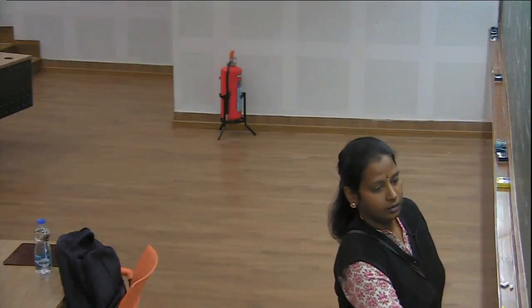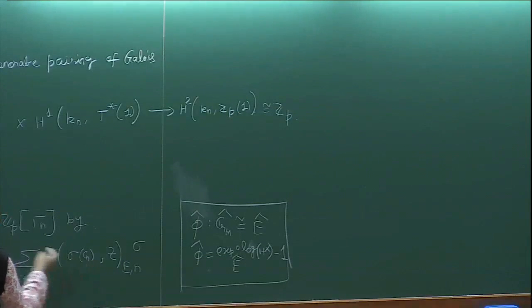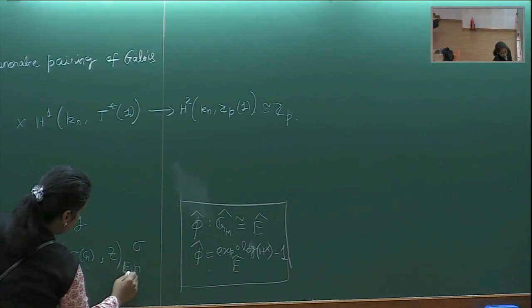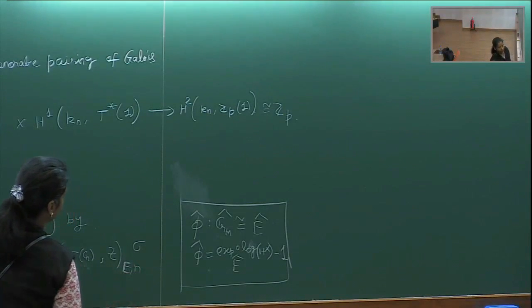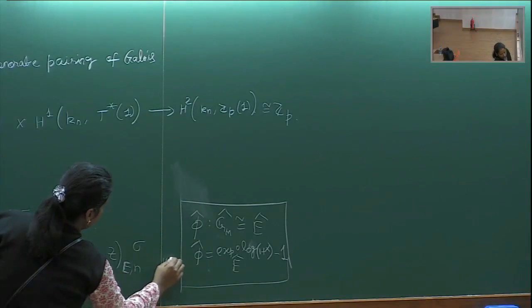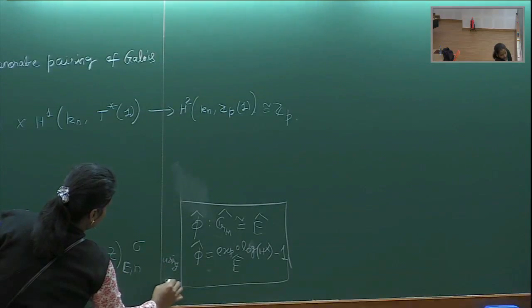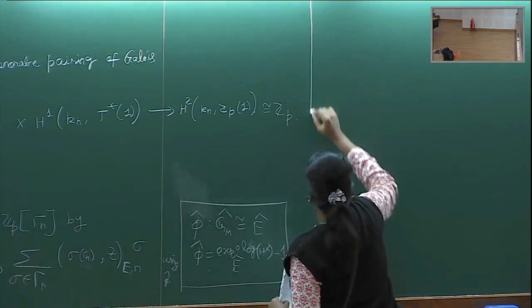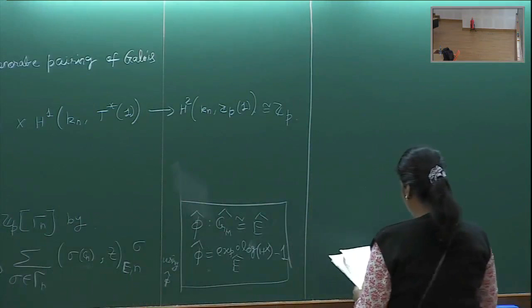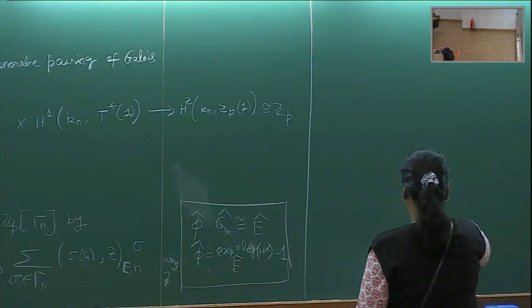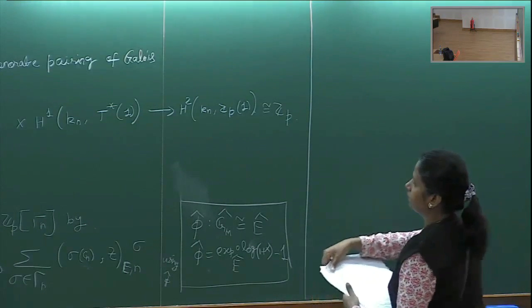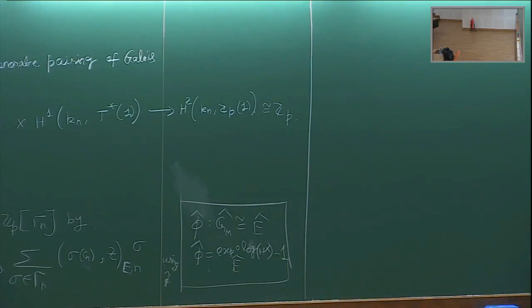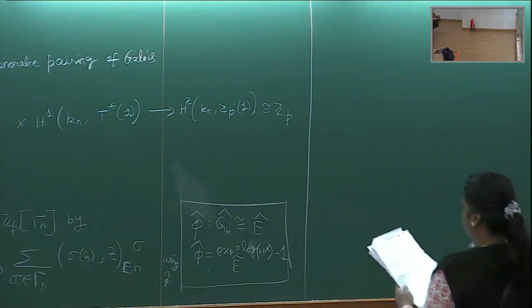Because C_n is a norm-compatible system, this map respects the Galois action.